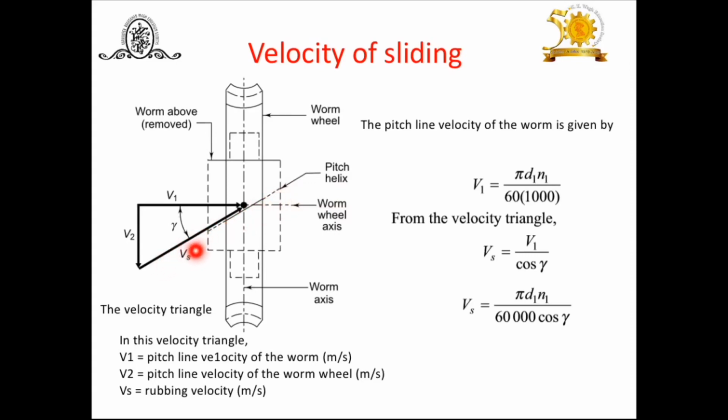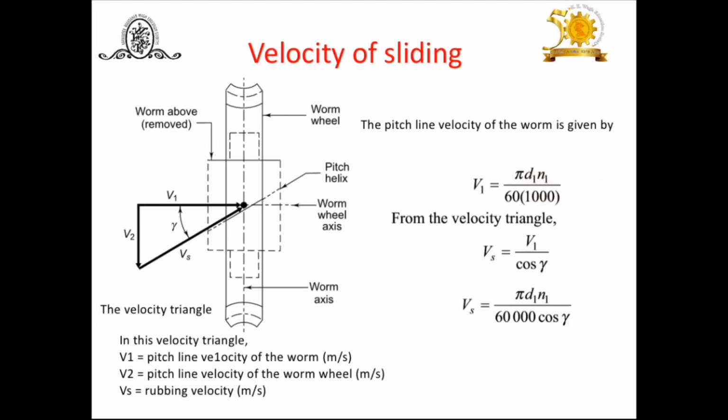You will find this Vs. If you resolve the components, by using trigonometry, Vs is equal to V1 upon cos gamma, where gamma is the lead angle. Substituting the value of V1, you get Vs is equal to pi d1 n1 upon 60 into 1000 into cos gamma. Why is it multiplied by 1000? Because it is in meter per second, otherwise d is in mm.